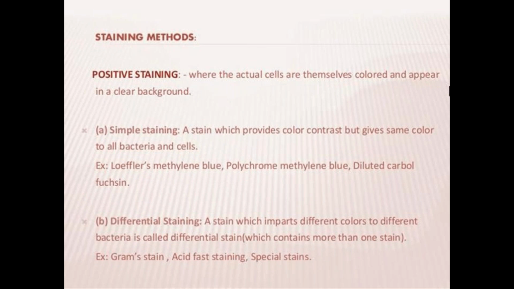Okay, and what are the staining methods present for the visualization of microorganisms? Here, positive staining is present, and negative staining is present. What is meant by positive staining? Here, the cells themselves are colored and appear against a clear background.